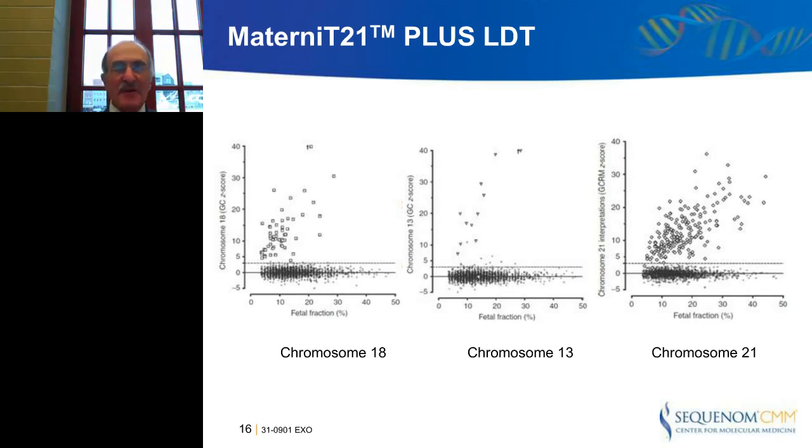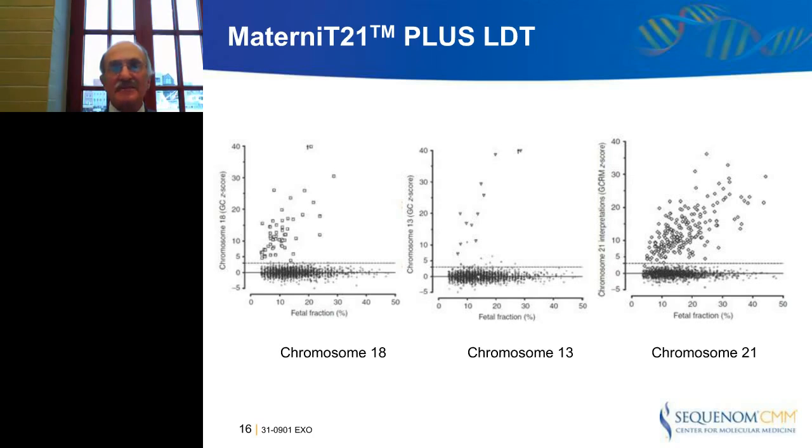We then looked at the relative abundance of chromosomes, and what I'm plotting here are results for the 3 most common aneuploidies, trisomy 18, 13, and 21. And what I'm showing on the vertical scale is a statistical measure of whether the representation is normal or abnormal. And what I'm plotting horizontally is the percentage of fetal DNA.